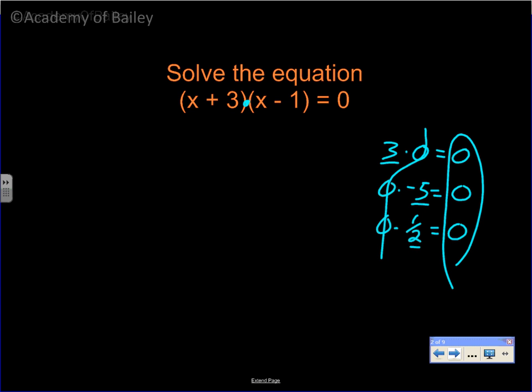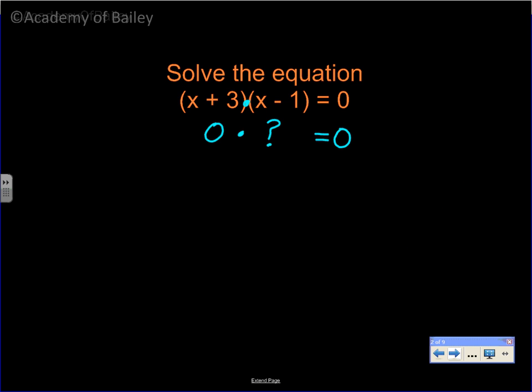So that's the concept that you're using here. You're trying to make either this one times something is equal to 0, or you're going to do a number times 0 is equal to 0.